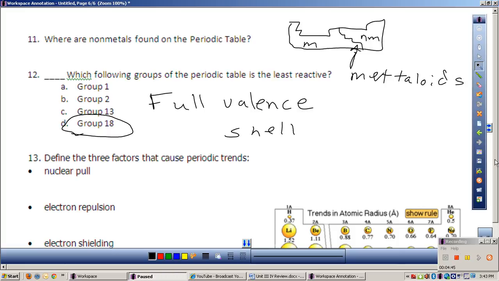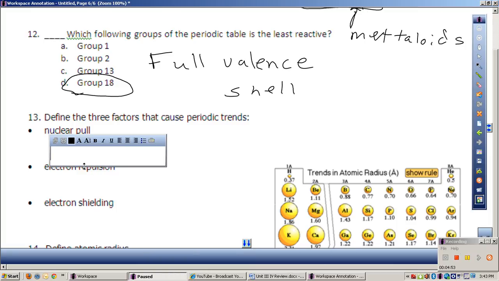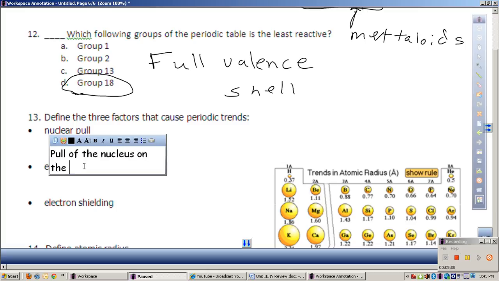All right, so next part, define the 4 factors that cause periodic trends. Anybody want to take a stab at that one? Nobody? All right, it's the pull of the nucleus on the electrons.